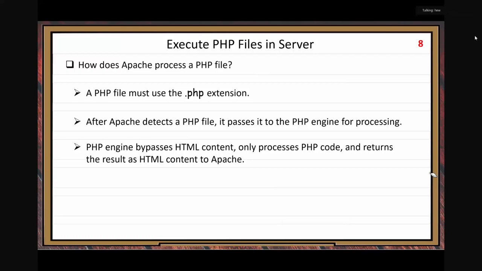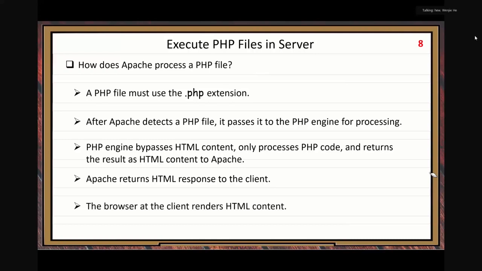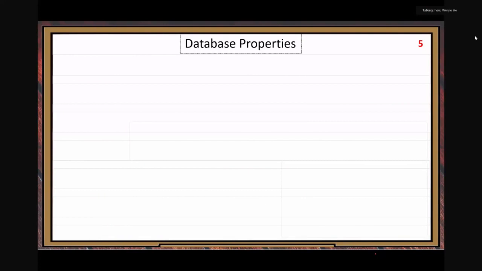You can treat this as a summary from the previous page. Then Apache returns the HTML response to the client, and the browser at the client side renders the HTML content. All right. Database properties.